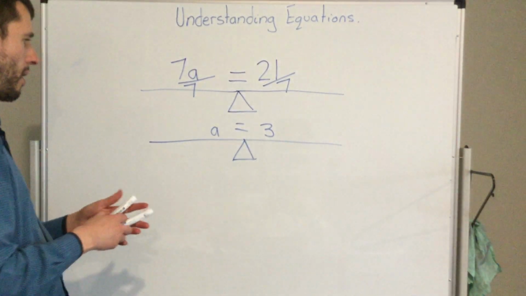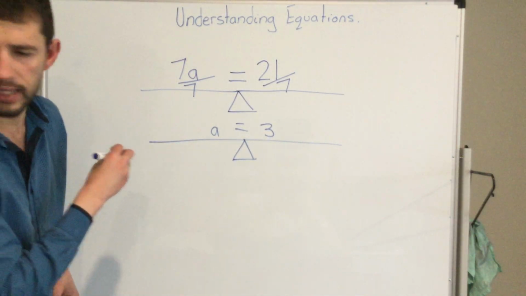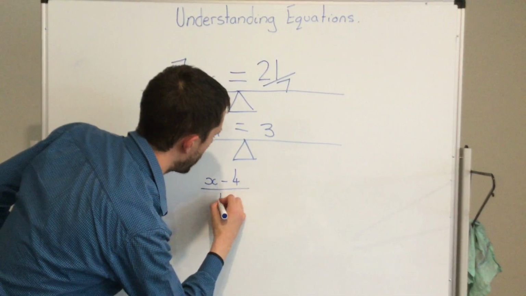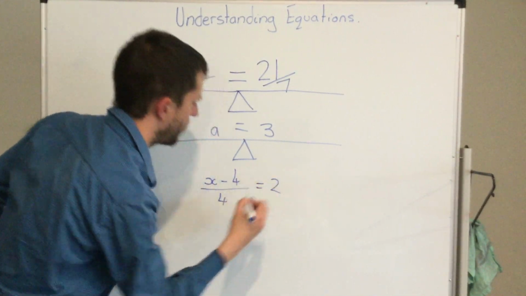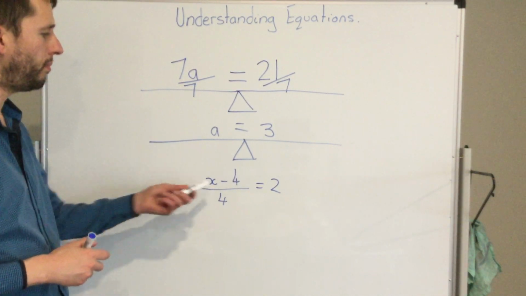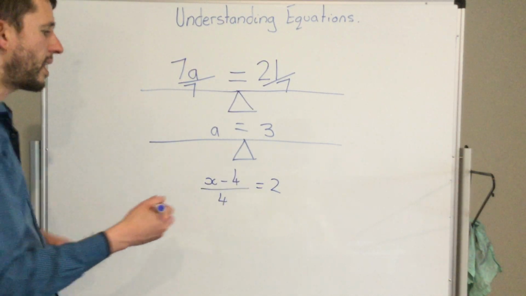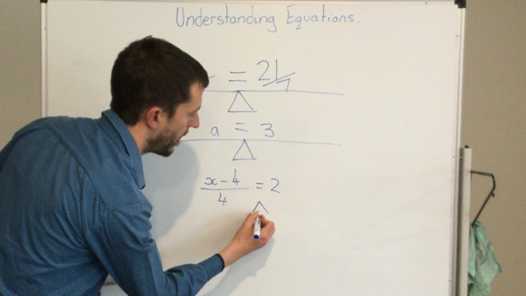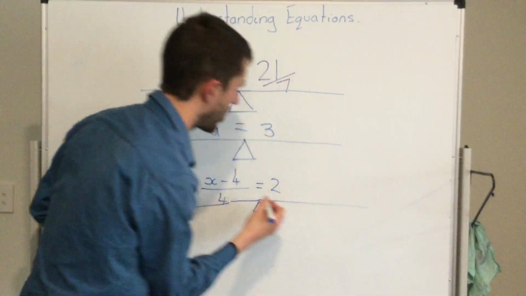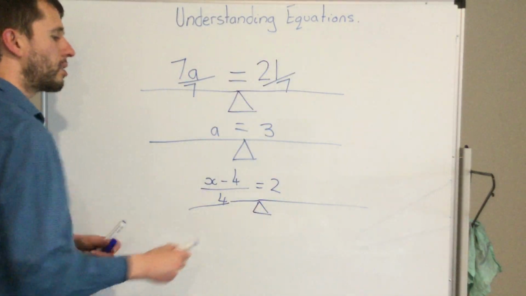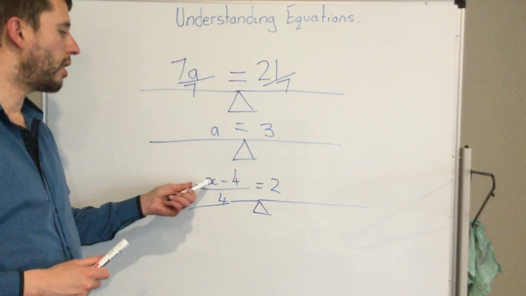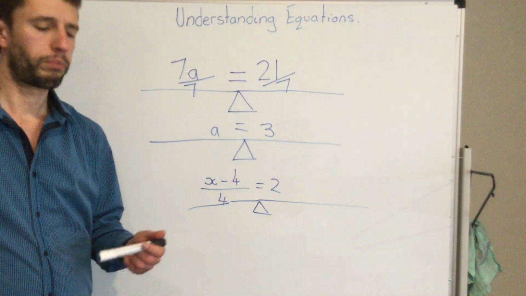Now another question that I'm going to put down here is (x take 4) divided by 4 equals 2. Okay, so this is exactly the same. I'm thinking about a balancing beam. Whatever I do to one side, I must do to the other. Now, my goal is to get the unknown, the variable, by itself.